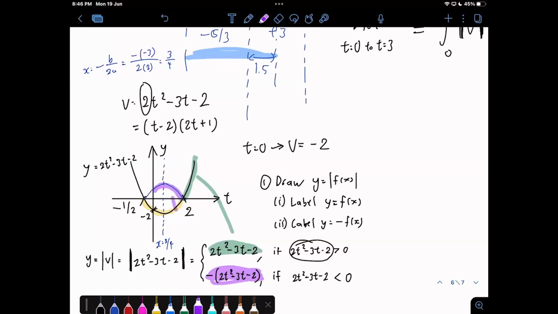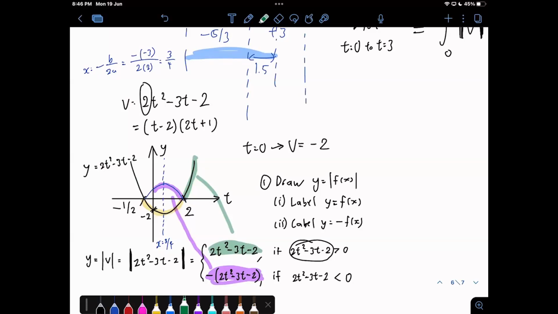Can you see? Actually, the purple graph, negative bracket 2t squared minus 3t minus 2, extends all the way down, but I only highlight the relevant parts when t is more than or equal to 0. Is that okay so far? Likewise, the green graph is actually the whole curve here, but I only highlight the part that's relevant, which is the right side, when t is more than 0 and is positive.